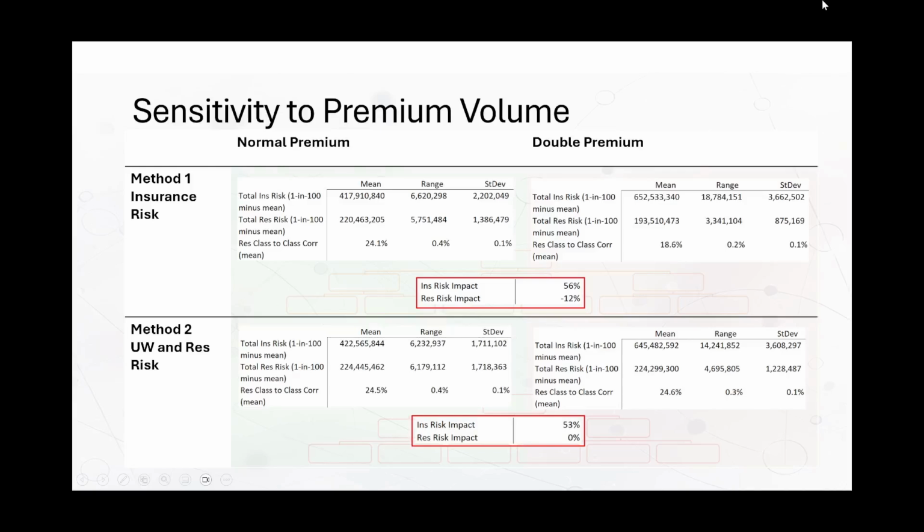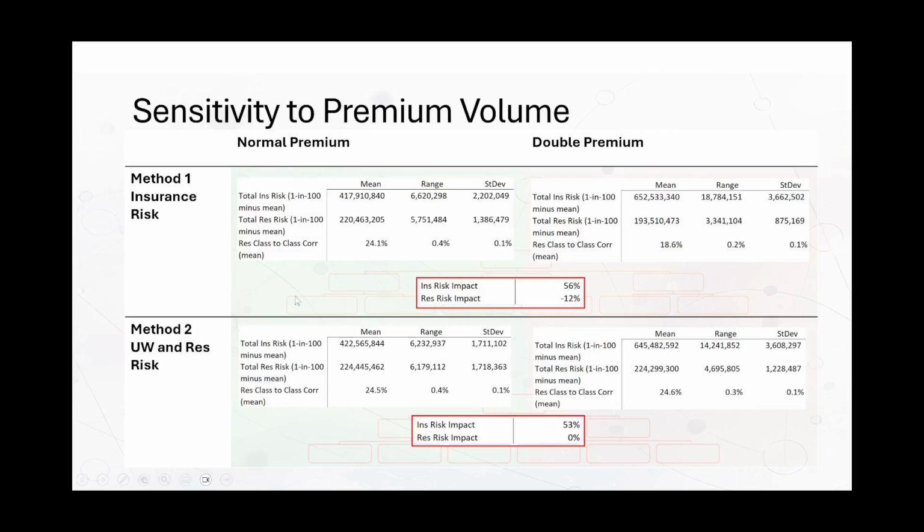So let's put all of these results on one page and just try and make some sense of it. We've got here a table. On the top row, we've got method 1. On the bottom row, we've got method 2. And on the left, we're showing the original baseline run. And on the right, we're showing the scenario where we doubled premium.